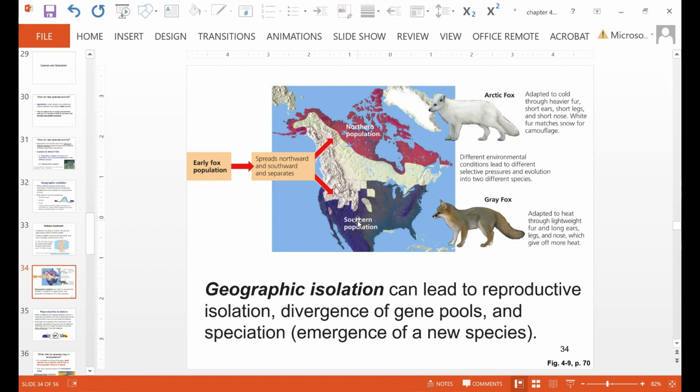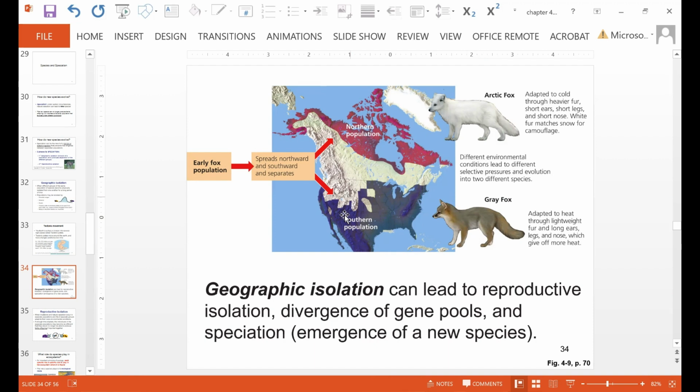The southern population got better adapted to heat through having lightweight fur, long ears, long legs, and a long nose, all of which allow the body to give off more heat and stay cooler.